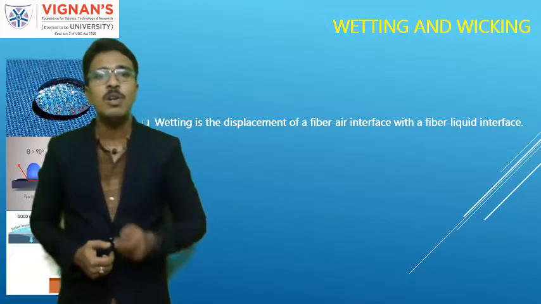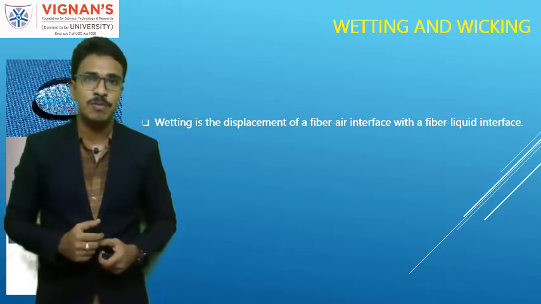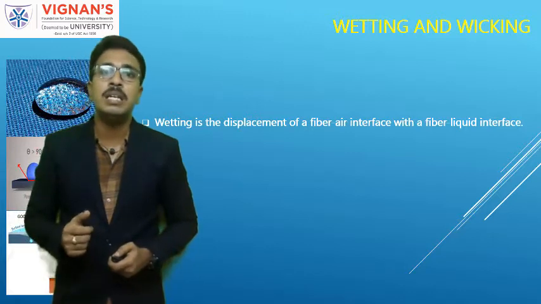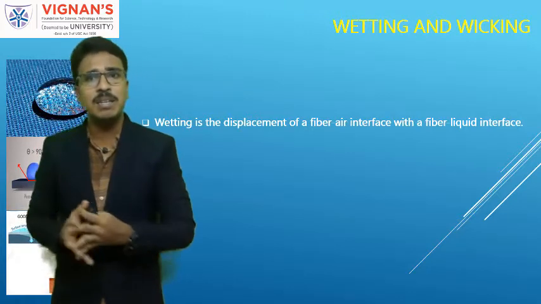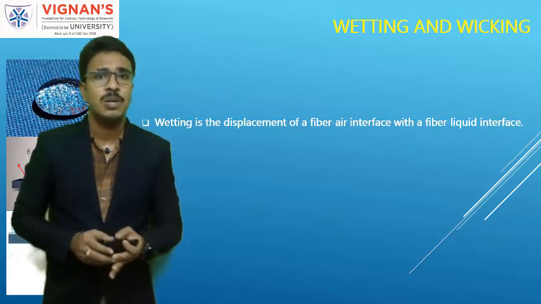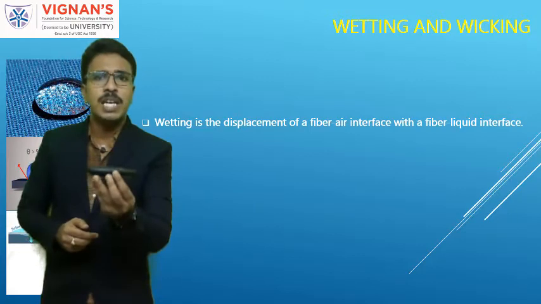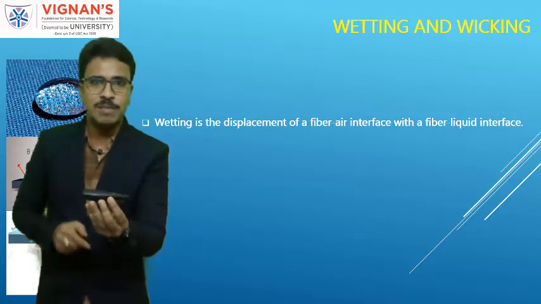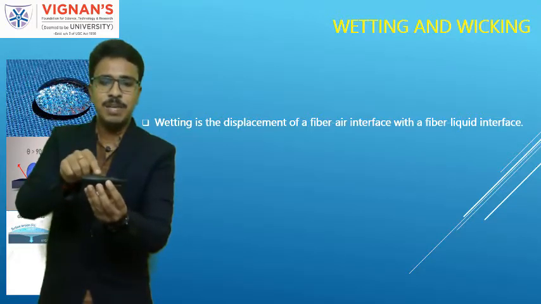Now, if you look at wetting, it is the displacement of the fiber-air interface with the fiber-liquid interface. Where is this fiber-air and fiber-liquid? Initially, if you take a solid surface, a fiber, before putting a drop of water, the interface will be with air.